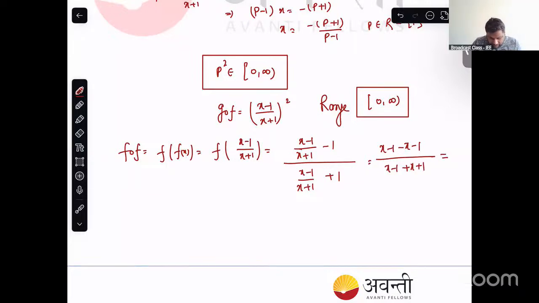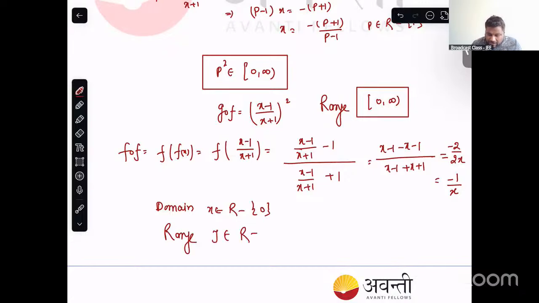So this comes out to be minus 2 upon 2x. That is minus 1 by x. This is your FOF. Got it? Simple question. Now, as far as the domain is concerned, x belongs to R minus {0}. Similarly, the range, y also belongs to R minus {0}.